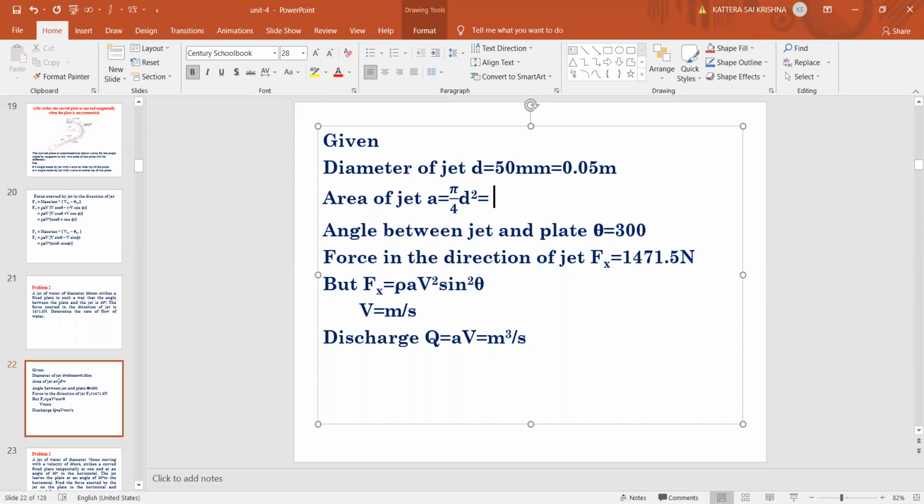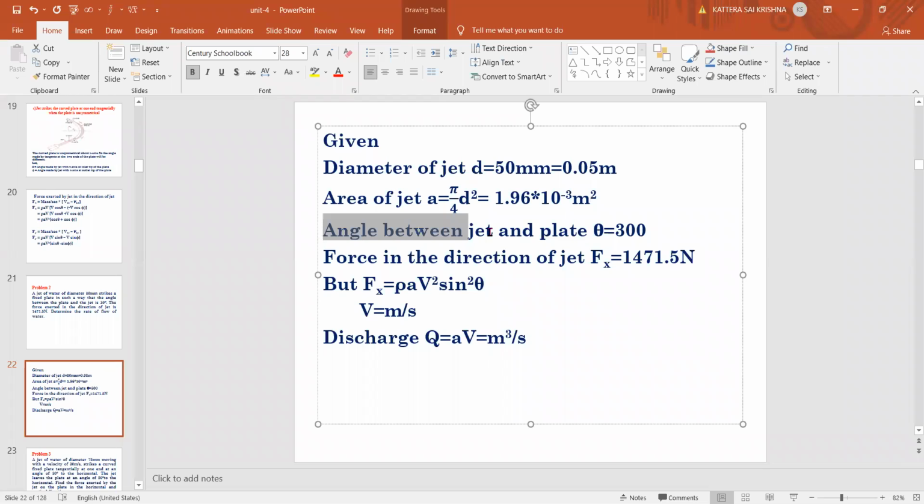Just calculate the value and tell me. 1.96 into 10 to the power of minus 3, sir. Okay. Minus 3. 10 power minus 3. Write down the units also, meter square. Okay, so this is the area of the jet.